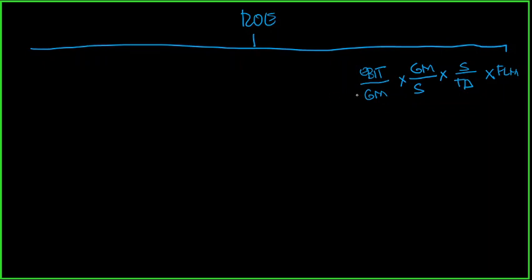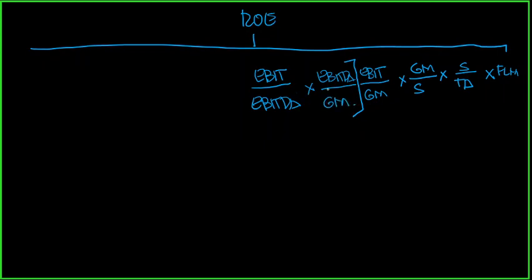operating profits. Actually, there's another way to expand this. Let me just write it here, okay, para hindi tayo malito. If you're going to consider the effect of your fixed cost, you can have EBIT divided by EBITDA, okay, times your EBITDA divided by your gross margin.